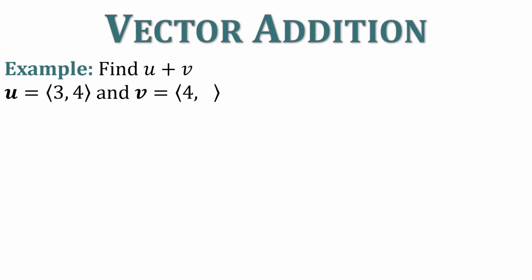Okay, what about vector addition? So we have the vector u is <3, 4>, and the vector v is <4, 1>. We want to add these two things together. So just like matrices, we are going to add corresponding spots. So 3 and 4 are both the first spots. They're both the x, or the horizontal portion of the vector, and 3 plus 4 is 7.